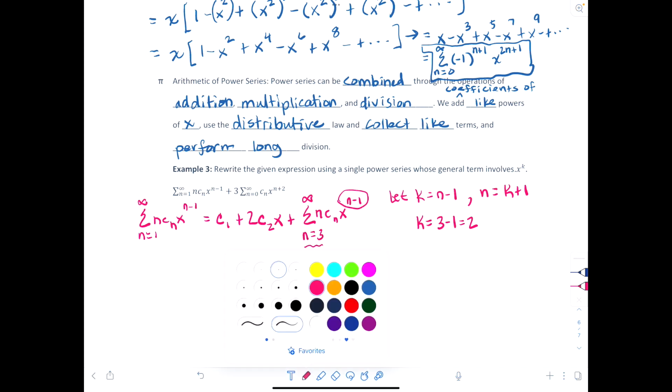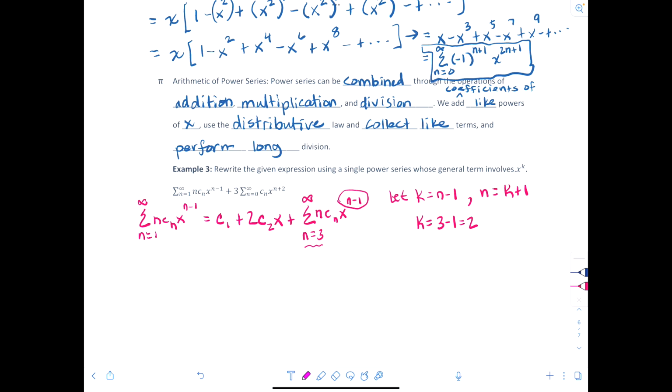Now, let's take a look at this other summation. We have 3 times the summation, n is 0 to infinity, times c sub n times x to the n plus 2. I already have the x squared where it starts. So what I'm going to do is I'm going to let k, yes, k, equal to n plus 2.